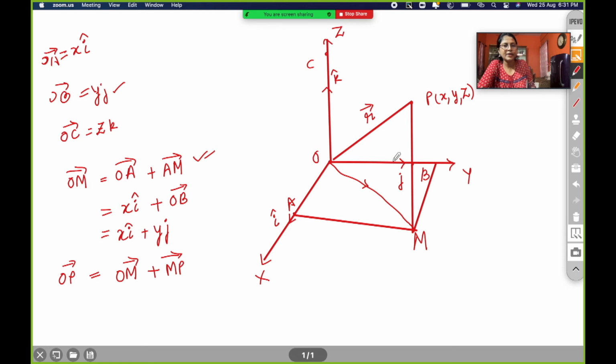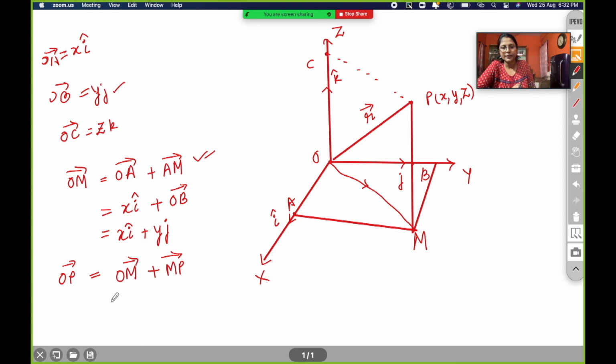Now MP is equal to OC. If you join CP, you will find that vector MP is equal to vector OC, because you can see the parallelogram OMPC is complete now, if you look from this side.